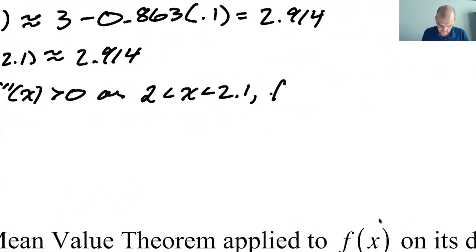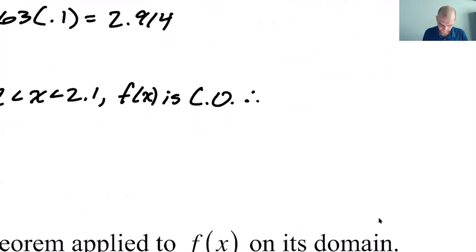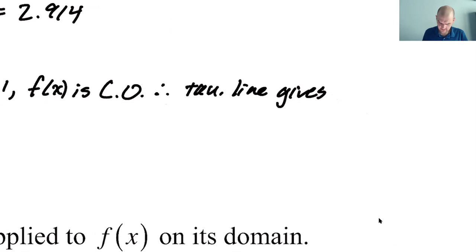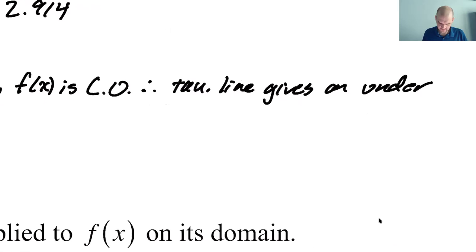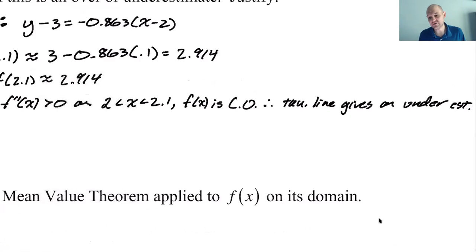So f of x is concave up, therefore the tangent line gives an underestimate. How much room do I have? I can squeeze it in. Underestimate. So I think that's a good answer.